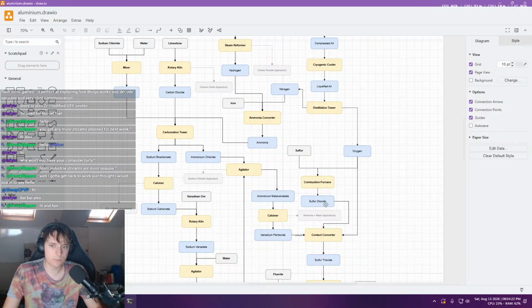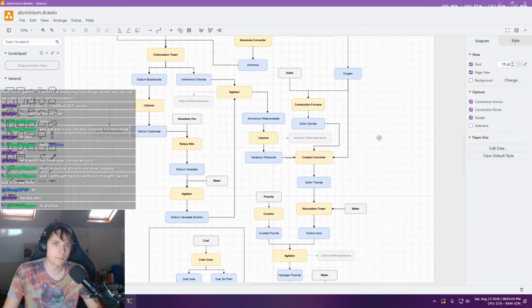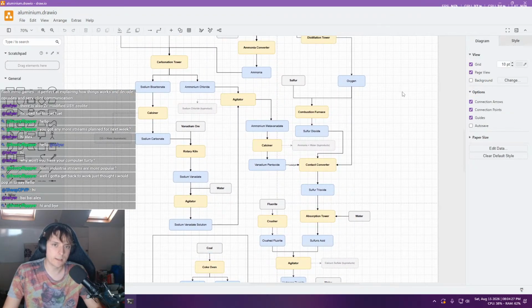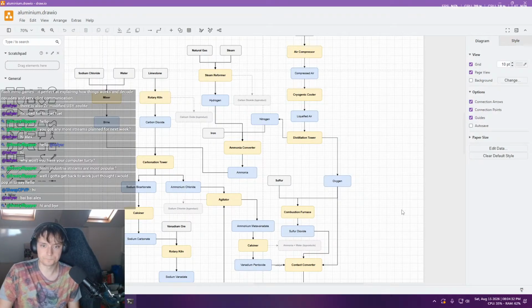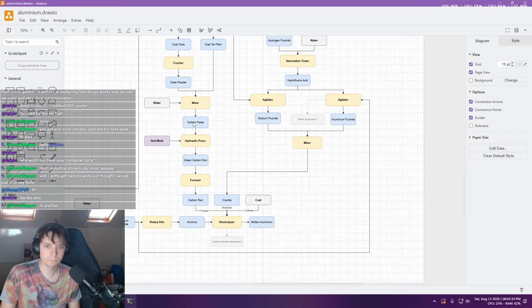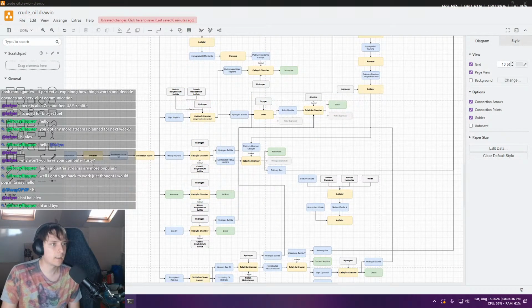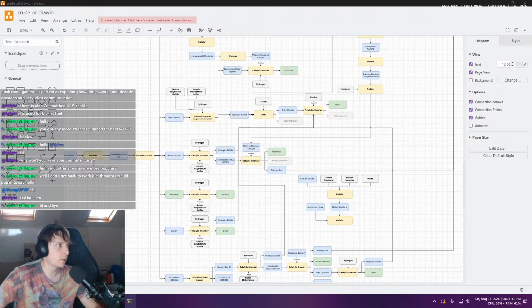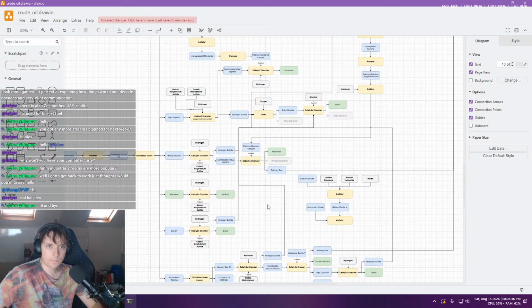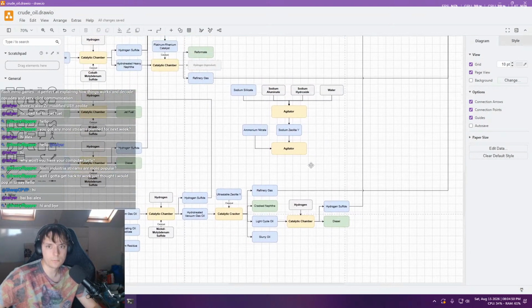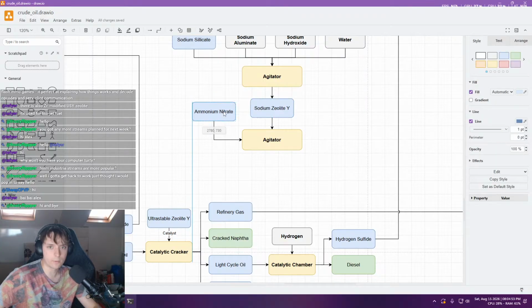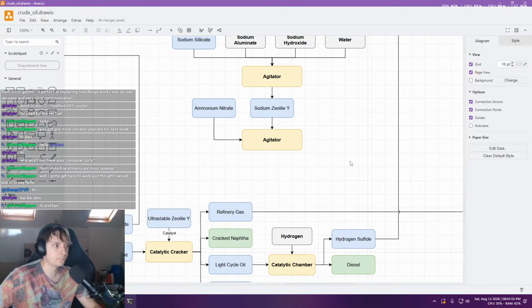It's just because sulfur trioxide is in here. But that's basically the same process, so no. In that case, we need to figure out how you get ammonium nitrate. I don't think it's hard to get ammonium nitrate, though. Fine. We'll just leave that as blue for now, but we'll come back to that.